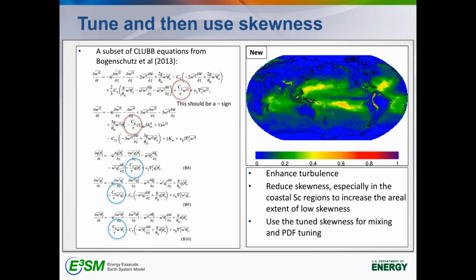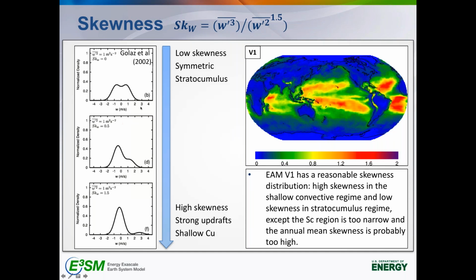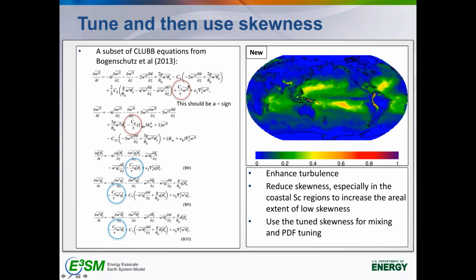So what I did was tune the skewness by tuning the second moment and the third moment, because the ratio between them is the skewness. I also tuned the transition from low to high skewness, and used the skewness dependency to tune the other mixing and the PDFs.